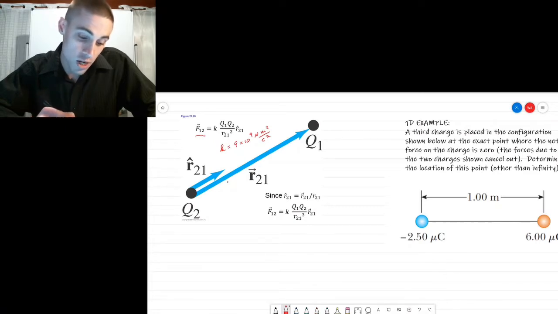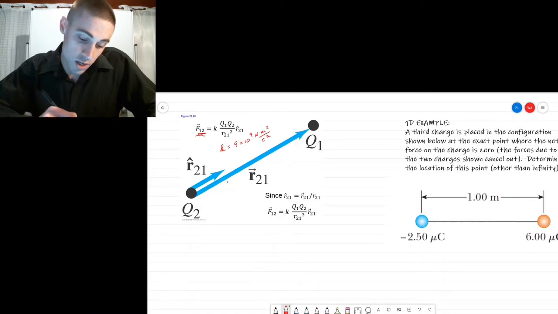Note here, these indices tell you that this is the force on q1 by q2, and this tells you that the force has as its direction the direction of this unit vector pointing from q2 to q1.